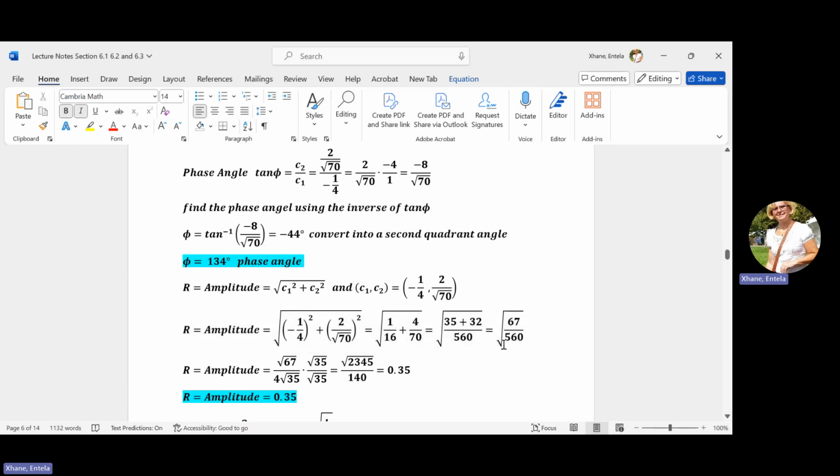If we find the least common denominator, we get 67 over 560. 560 is divisible by 16, so we get 4 out, and then keep square root of 35 after rationalizing. We get square root of 2345 over 140. So the amplitude rounded to 2 decimal places is 0.35.